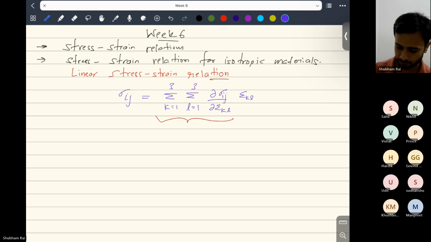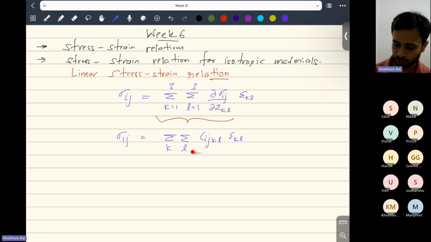So you can write sigma ij equal to summation over k and summation over l of Cijkl epsilon kl. So this Cijkl is a fourth order tensor. It is also known as the constitutive tensor or stiffness matrix.